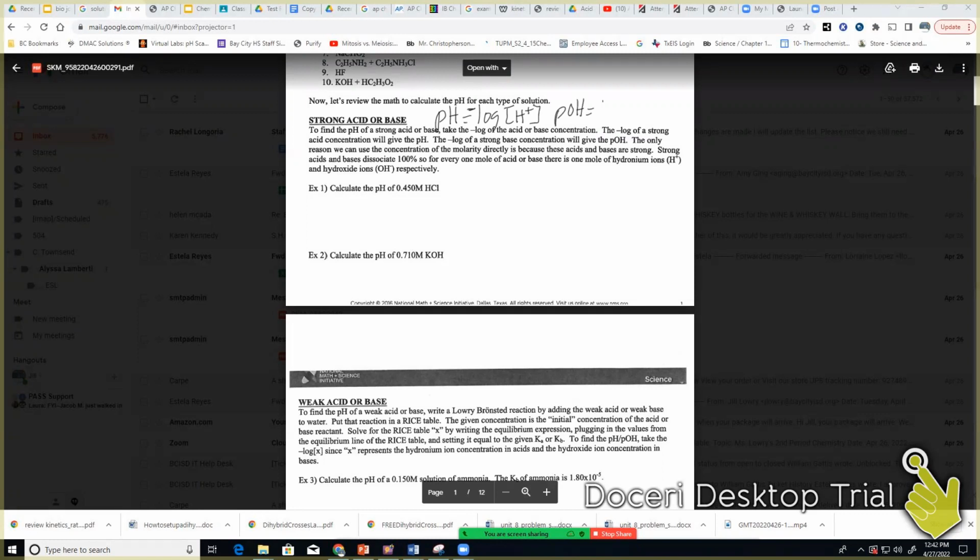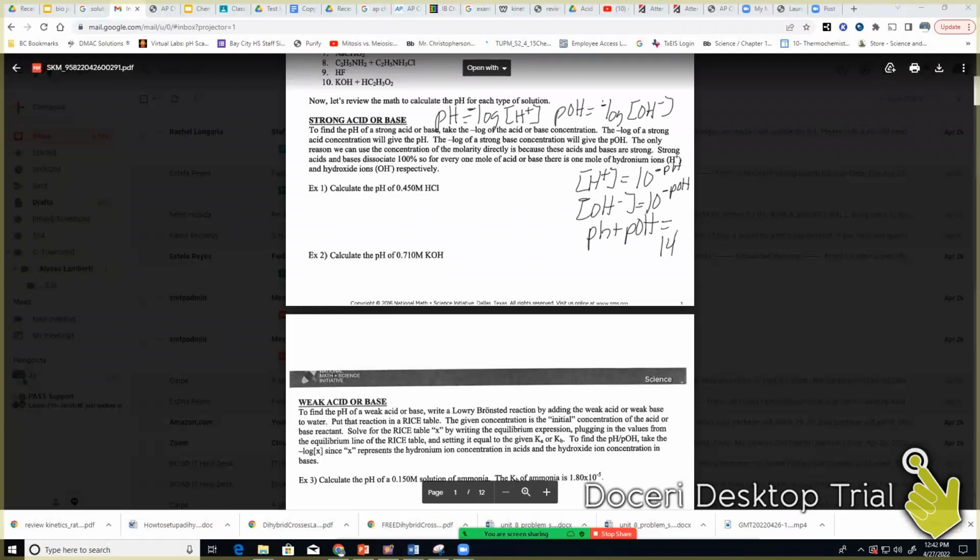Negative log of my hydroxide concentration gives pOH. And then the H plus concentration would be 10 raised to my negative pH. That one is not on there, and sometimes that's handy. Also 10 to the negative pOH, and then pH plus pOH equals 14.